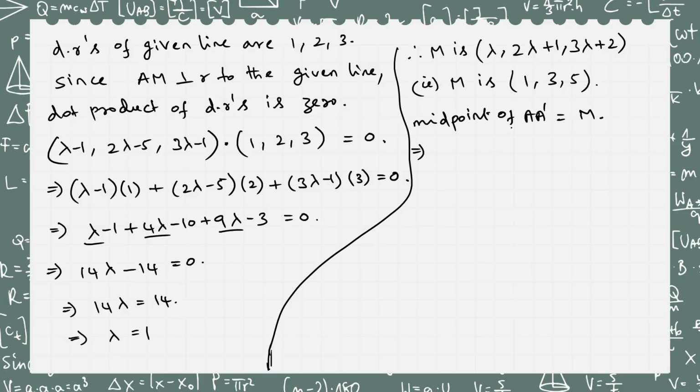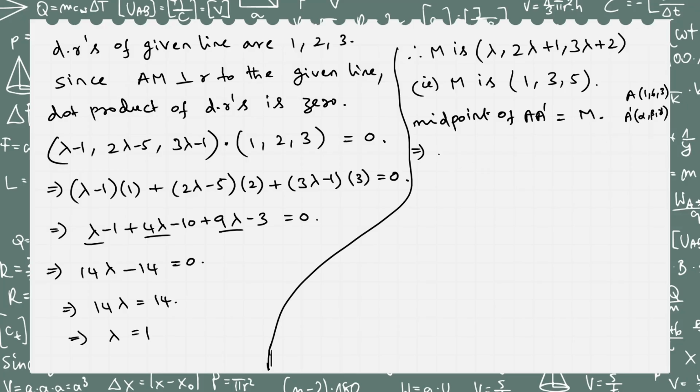That implies the midpoint of AA', where A's coordinates are 1, 6, 3. For our remembrance, we will write it here. A is 1, 6, 3 and A' is alpha, beta, gamma. That's how we have named them.